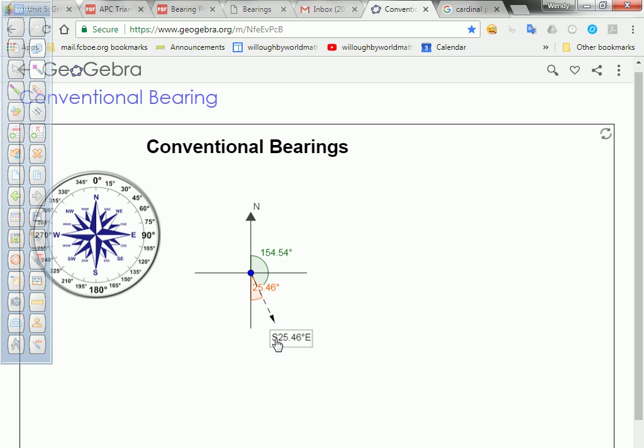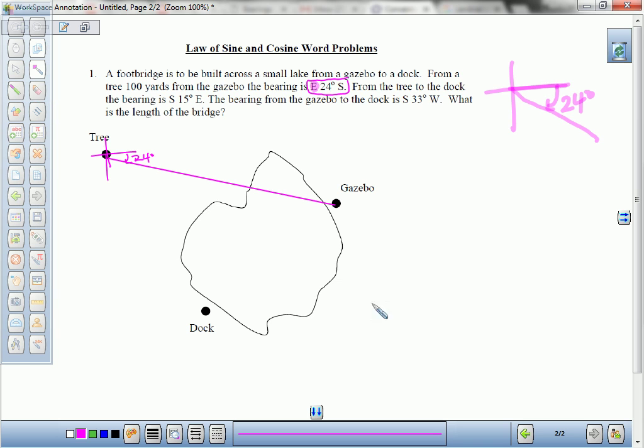So that first letter gives us which orientation we're using here, our cardinal point, south. With respect to south, this is 25.46 degrees east of that. Okay? All right, so let's go back to this problem now that we understand the notation and continue it.